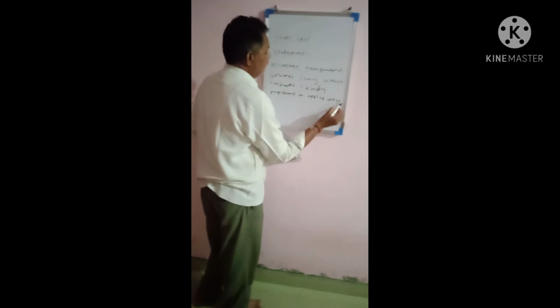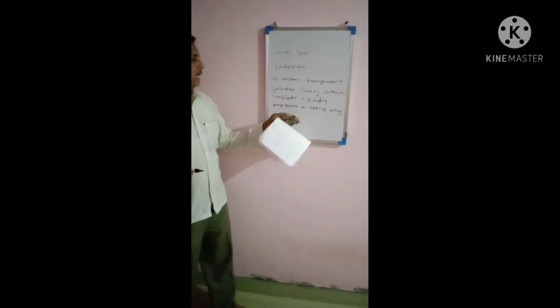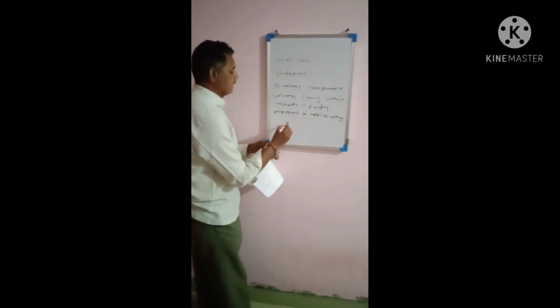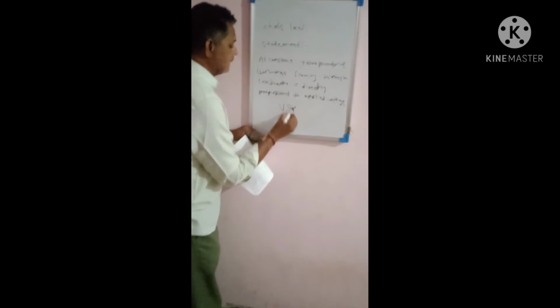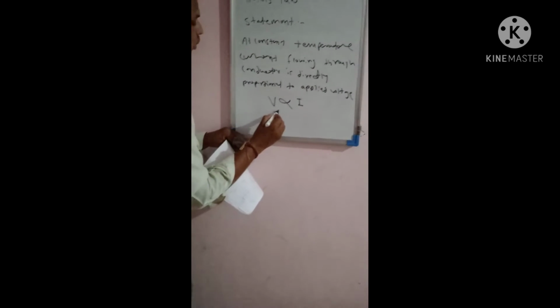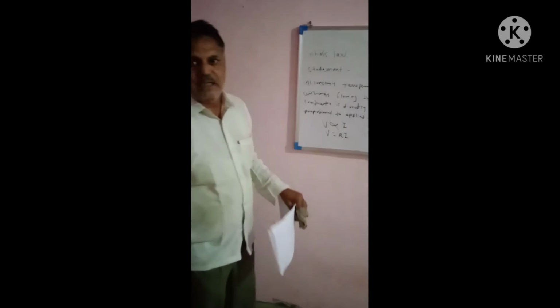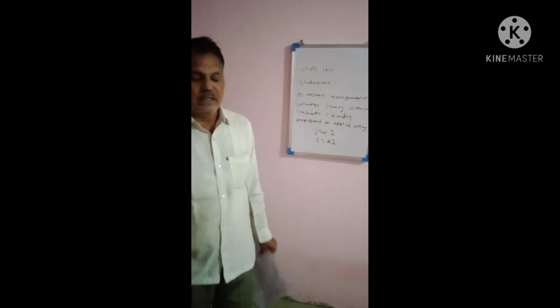Now, the statement of Ohm's law is in this way: at constant temperature, current flowing through a conductor is directly proportional to applied voltage. That is mathematically I is directly proportional to V. Now we have V equal to RI, where R is the proportionality constant and it is called resistance.